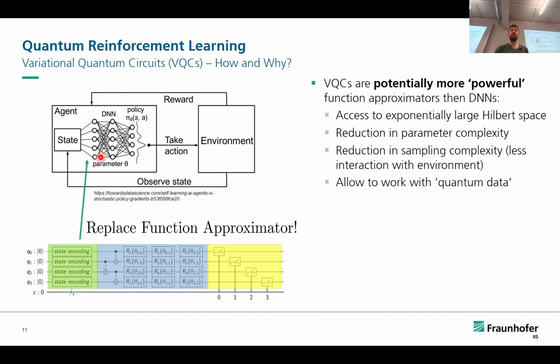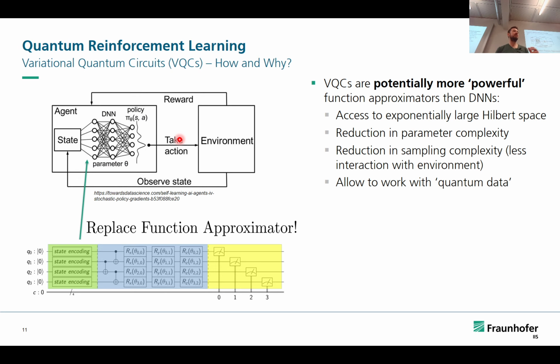And so the idea and a bit the hope behind this is that those quantum circuits somewhat represent a more expressive class of function approximators, just because the Hilbert space, if you have access to it, is just much bigger than for classical neural networks.